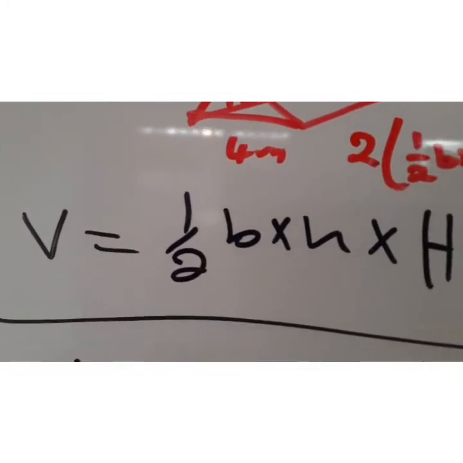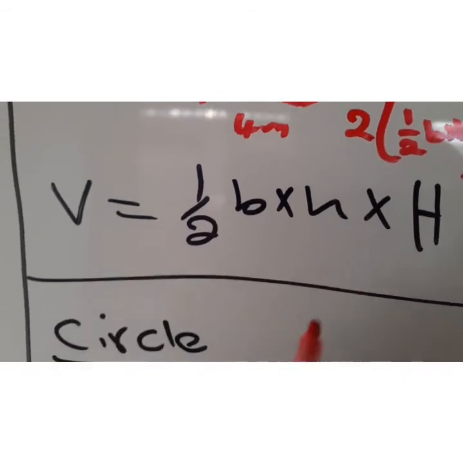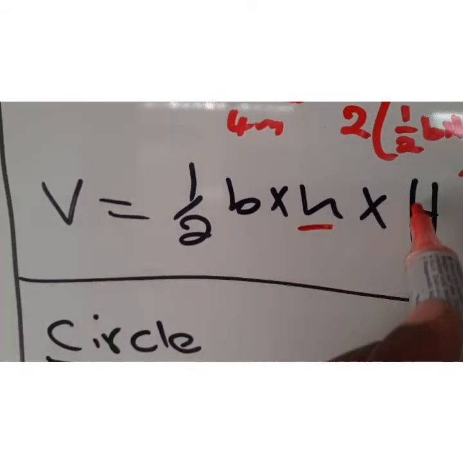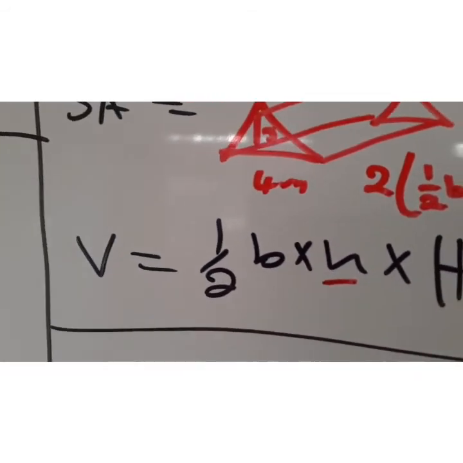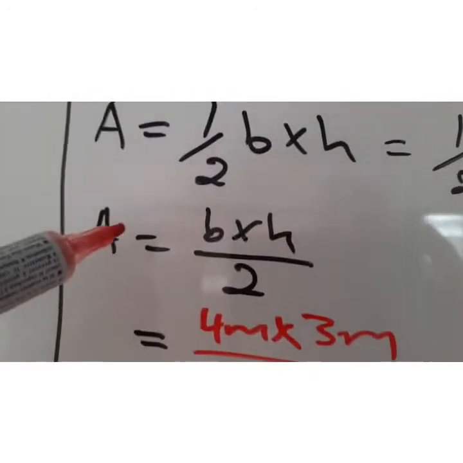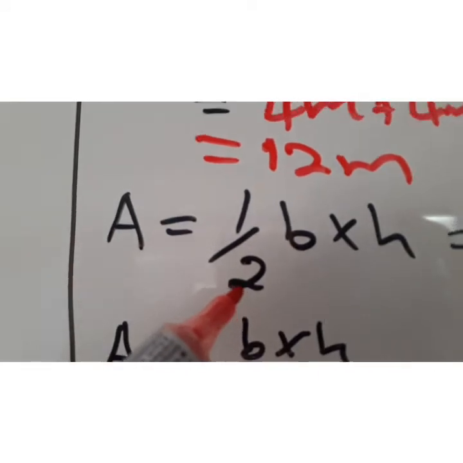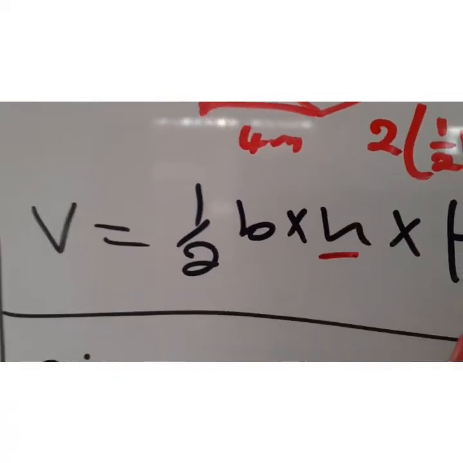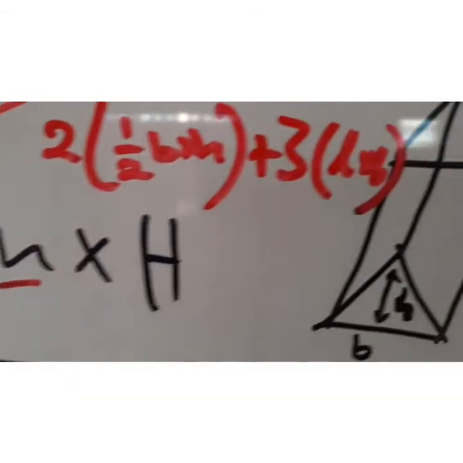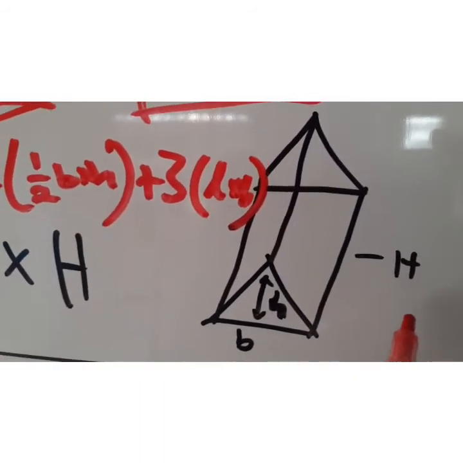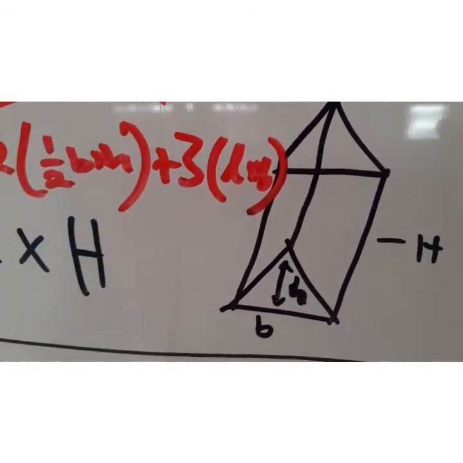Your volume would be a half base times height multiplied by the capital letter H. Like I said, you take your area, and then this is your area. You add your 3rd dimension to it. So in this case, our 3rd dimension would be the capital letter H, which is indicated in this diagram. Then you get your volume.